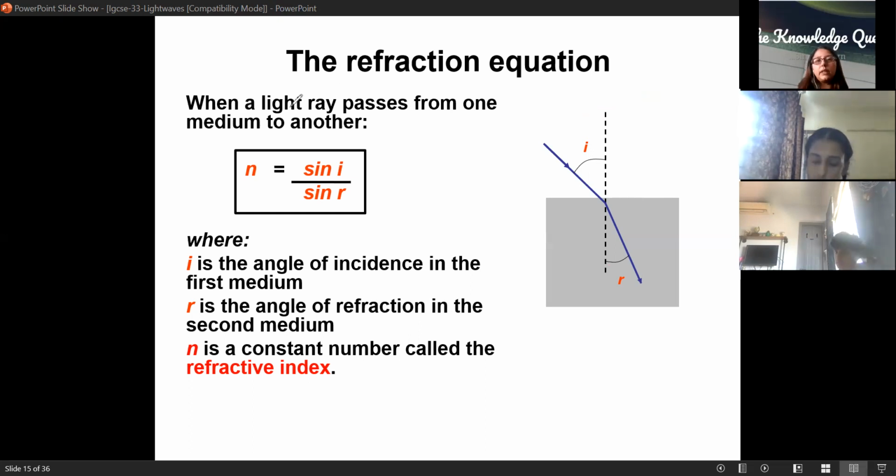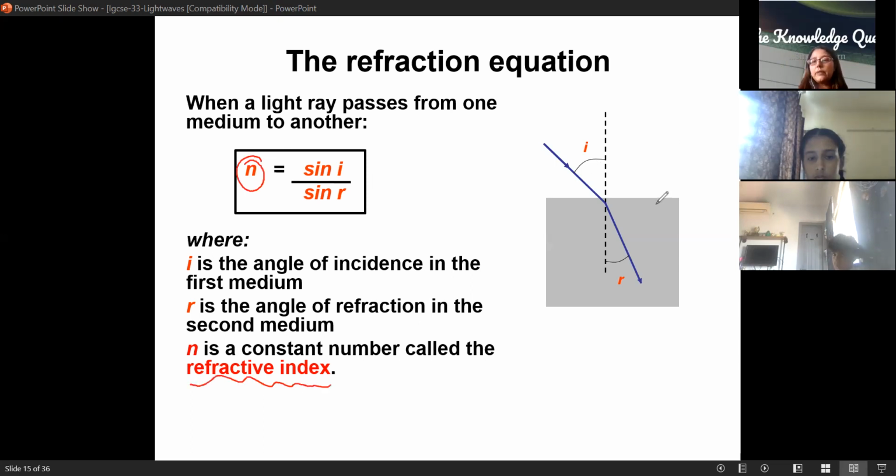So when the light ray passes from one medium to another, there are three concepts. One was the concept of speed of light. Second is the concept of moving towards and away from the normal. And third is the concept of refractive index.